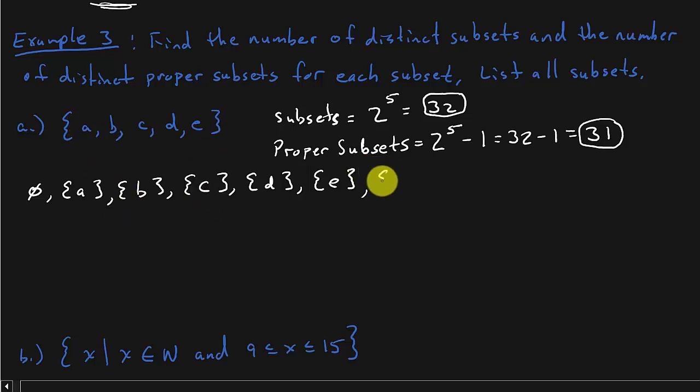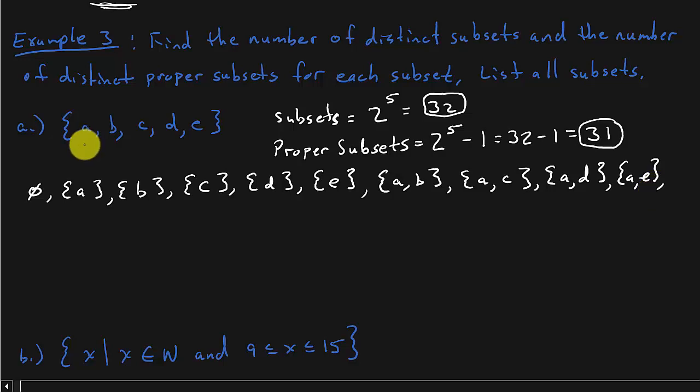And then what I do is I take the A, B, A, C, A, D, and A, E. So what I did is I took the A and I paired it with each one. Okay?